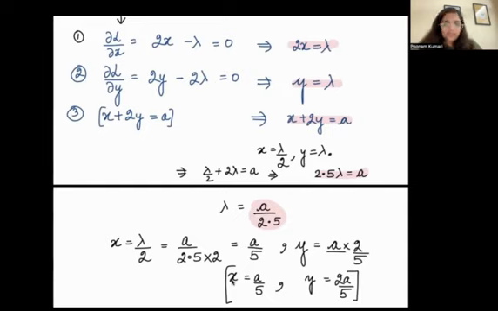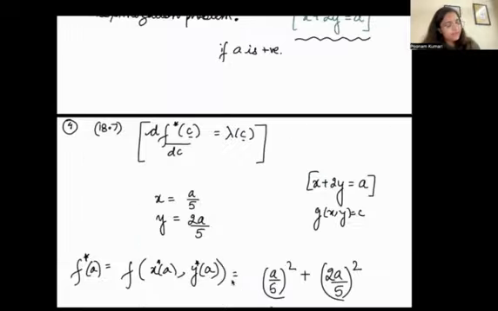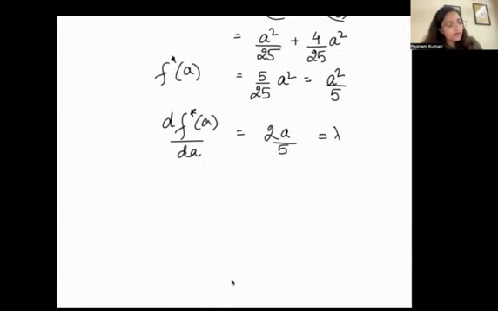Yes, because this is 10 by 25 a, which is 2 by 5 a, which is essentially what my lambda is here. This is my lambda. And this is also a function of a, right? So we have proved it. We have verified, we've not proved it. We verified it. Hence, verified.